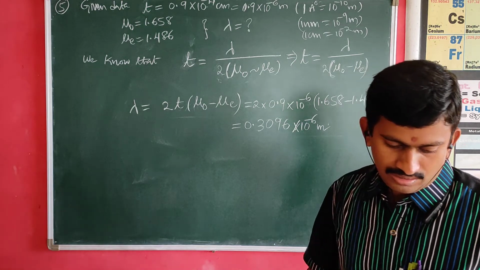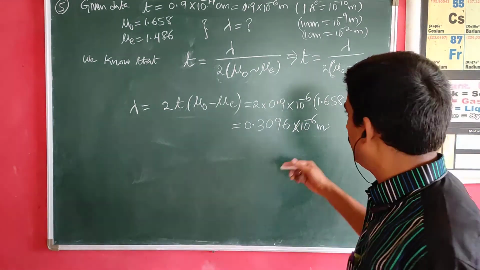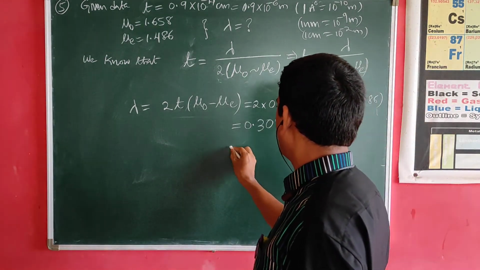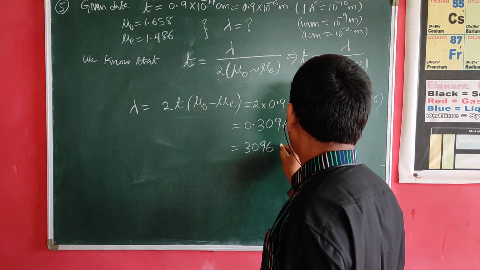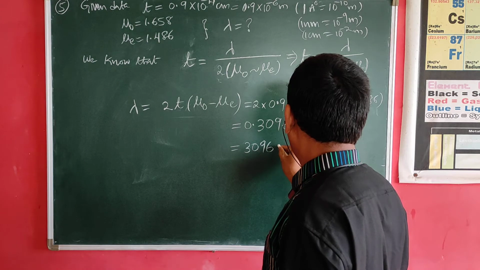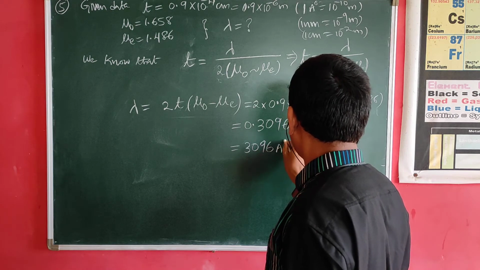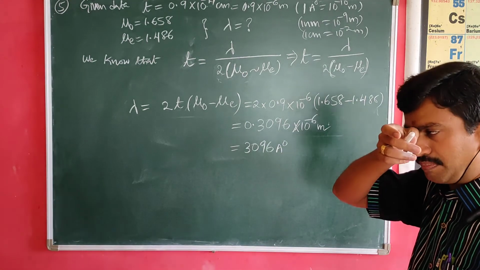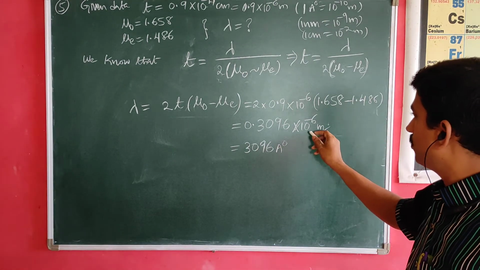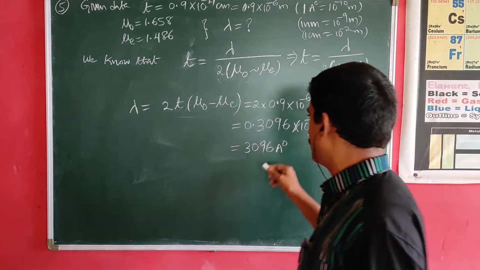Or we can convert it into angstrom units, that is 3096 angstrom. How do we convert these meters into angstrom? We know that 1 angstrom equals 10 power minus 10 meters.